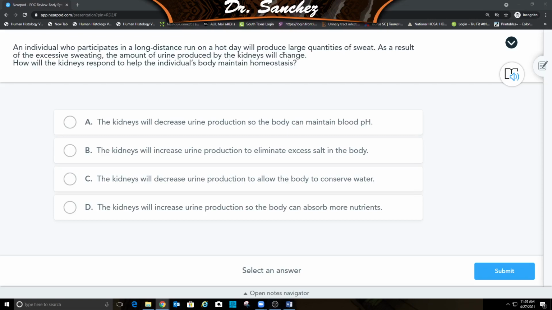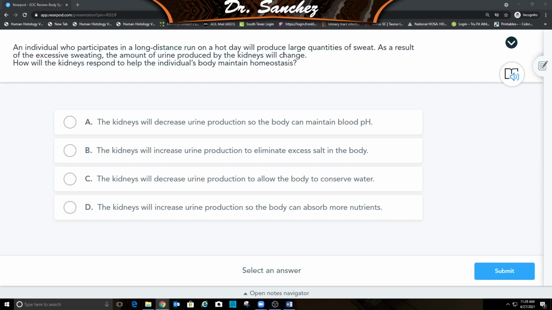So what is it going to do to maintain that homeostasis? Well, not the blood. There's a whole bigger picture behind that, yes, but that's not what we're looking for. So we kind of just said it right now with what was going on with the endocrine system. So what does it do? It decreases what? Urination. For what? To conserve water, yes.